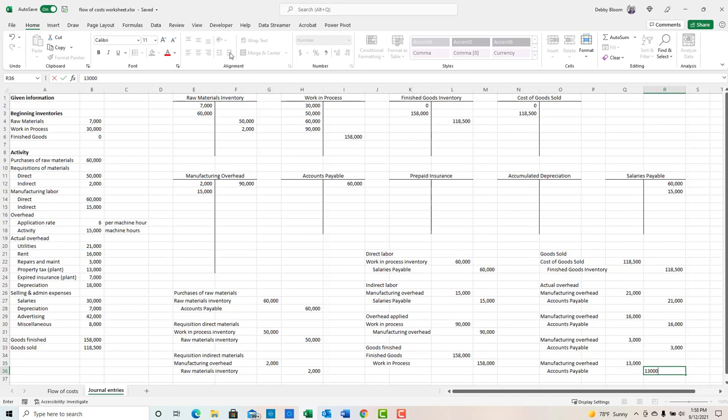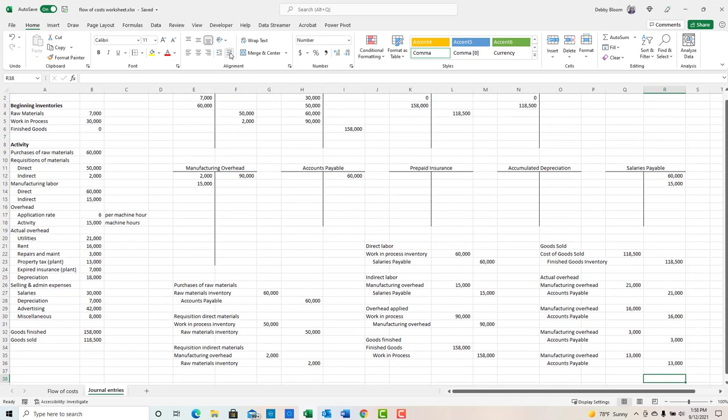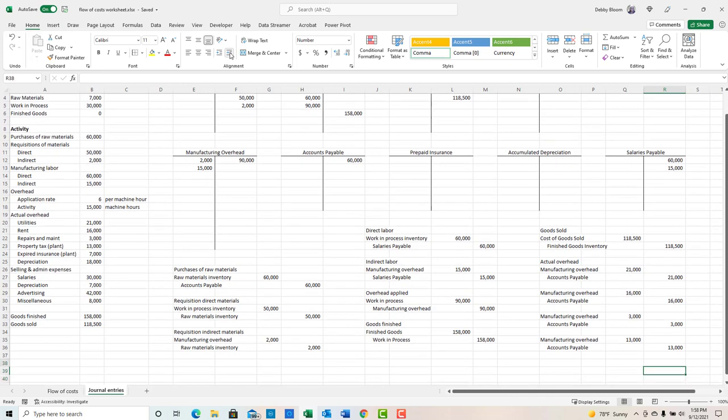Now for the last two, we have expired insurance. So for the expired insurance, instead of debiting insurance expense, we're going to debit manufacturing overhead, and that amount is going to be the $7,000. And we're going to credit our prepaid insurance.